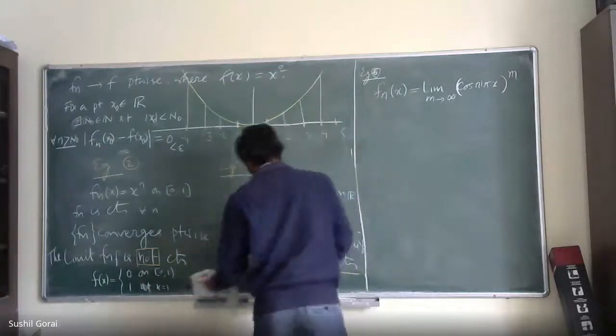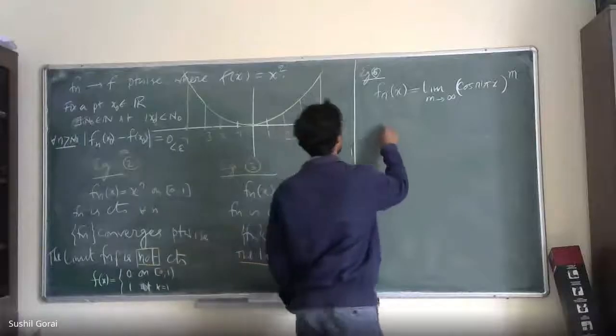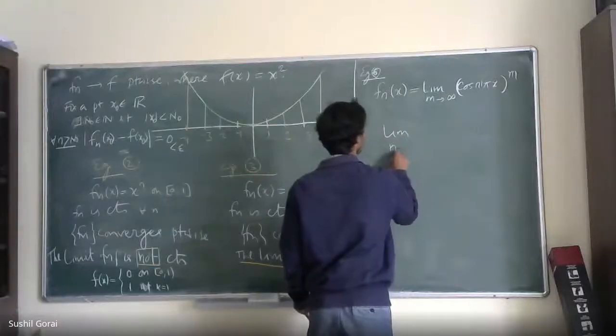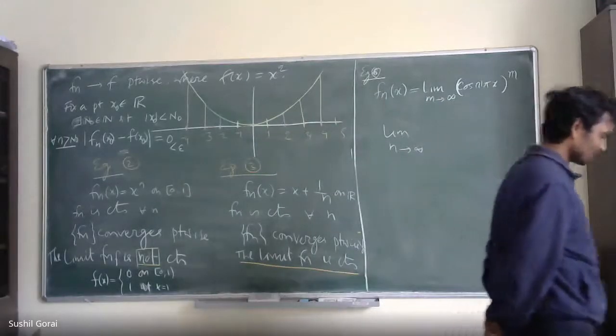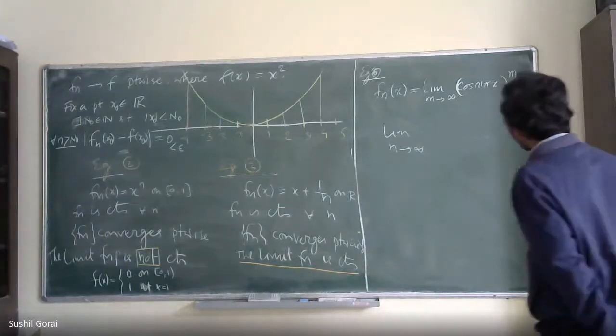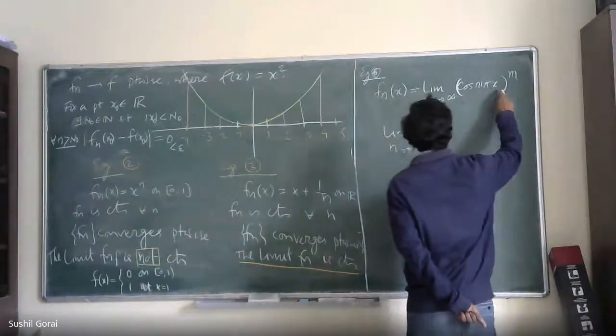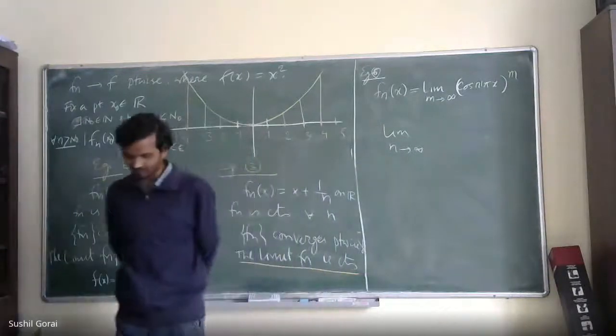Sir, if cos n factorial pi x is negative, then will the limit exist? That is the question I was asking. So when it is factorial n times x, negative doesn't matter.